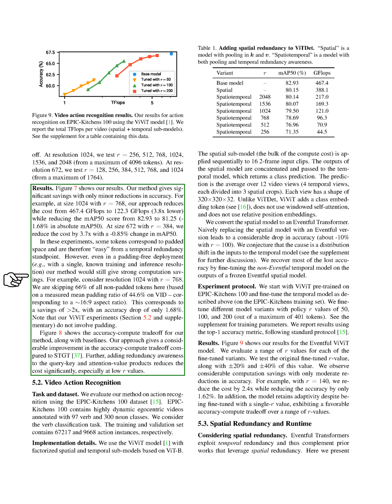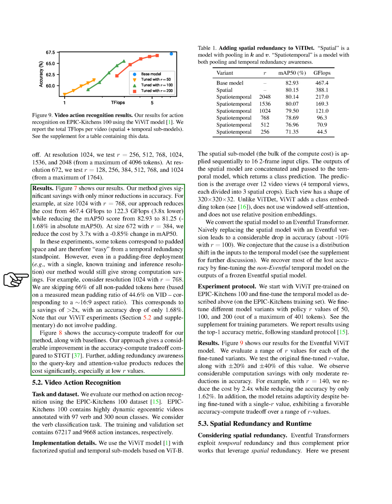Our results showed that our method significantly reduces computational cost with only minor reductions in accuracy. For example, at a size of 1024 with R equals 768, our approach reduced the cost from 467.4 GFLOPs to 122.3 GFLOPs, 3.8x lower, while reducing the mAP 50 score from 82.93 to 81.25, minus 1.68% in absolute mAP 50.